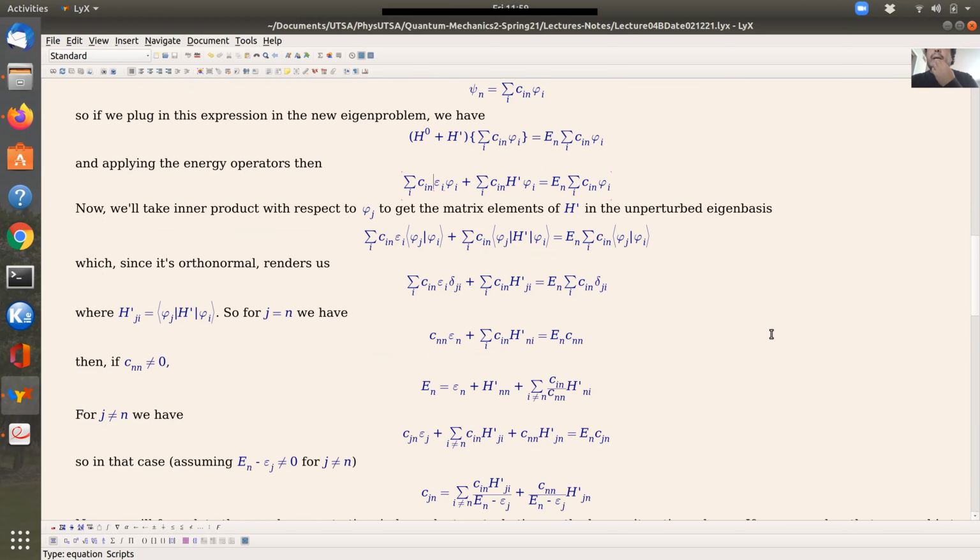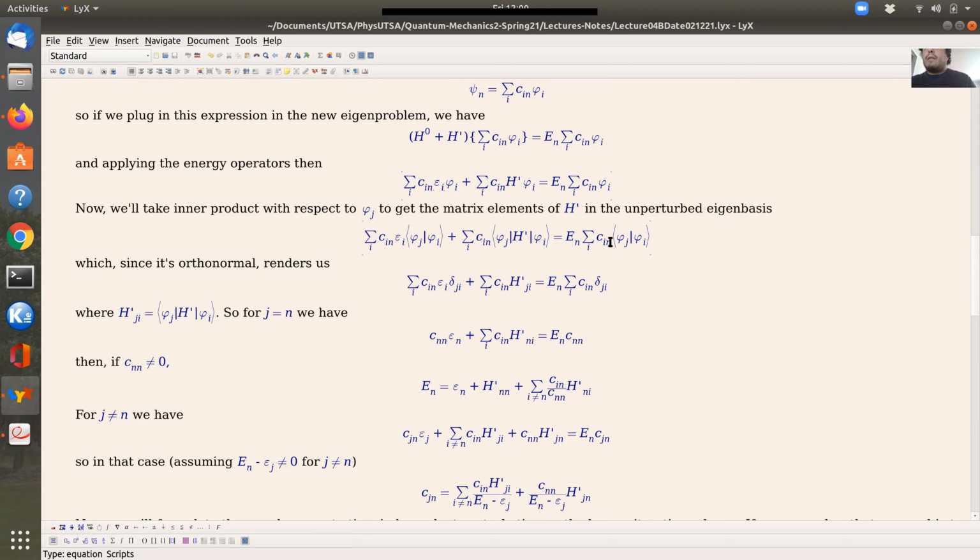Now, we basically project into the state j by taking the inner product. That's an old trick that you might also remember if you take a second look at what we did in the non-degenerate case to get the matrix elements in the perturbed eigenbasis. So I'm going to do that. Then I have the inner product, and then I have the matrix coefficient for H prime with phi j and phi i.